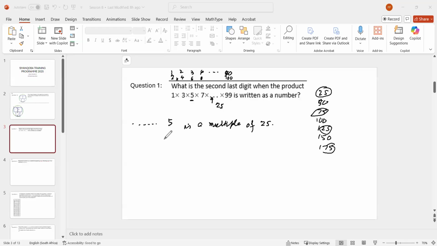So this number here, let's call it x or something. x is either 7 or 5. I'm sorry, either 2 or 7. Now, which one is it?